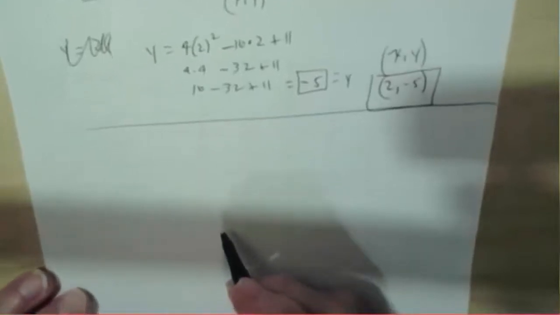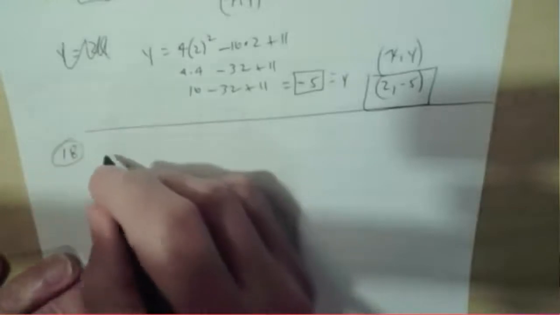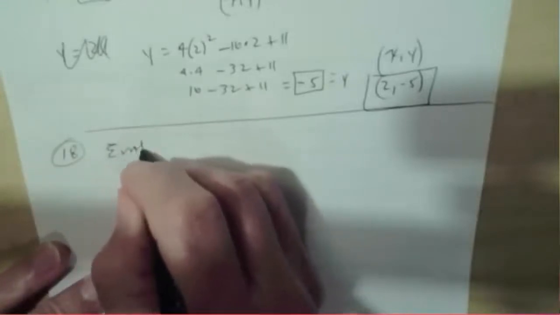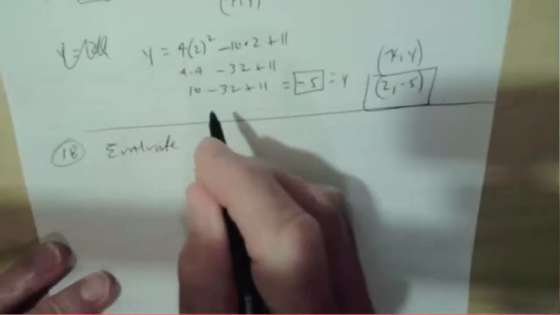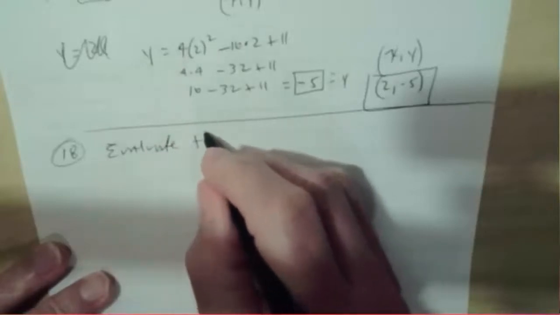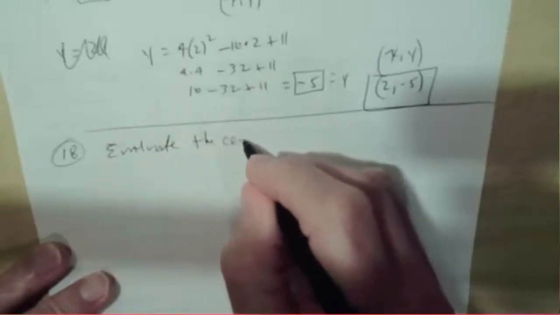Number, what was that? 17. 18 is evaluate the complex fraction.